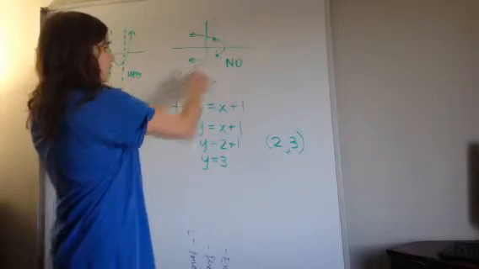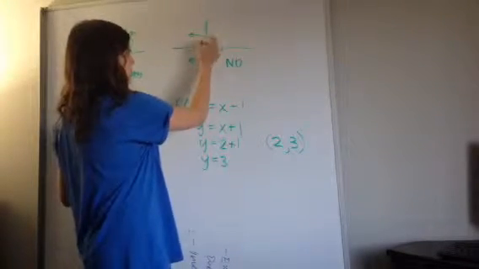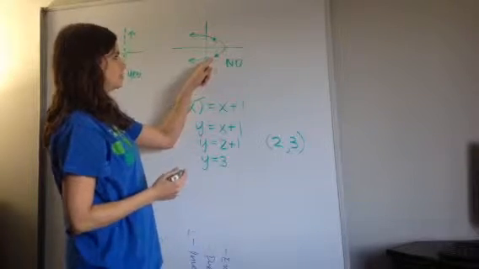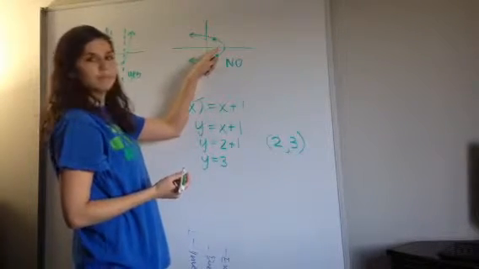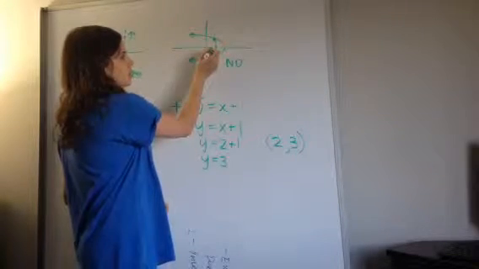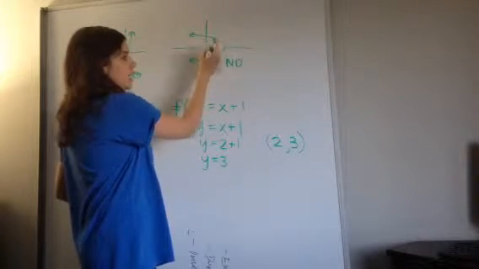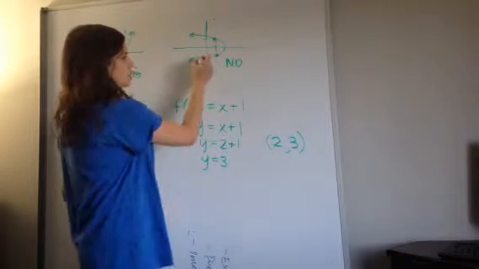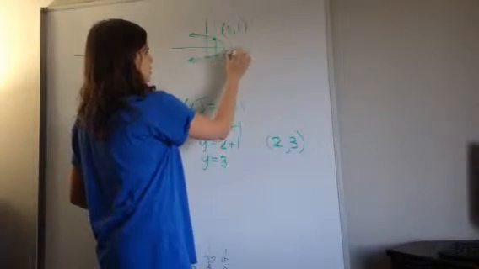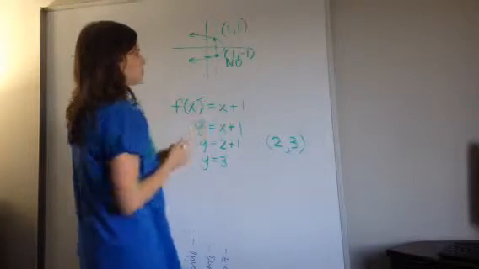Well, here it's saying that if I plug in 1, I'm going to get positive 1 and negative 1. So it's the points (1, 1) and (1, -1).